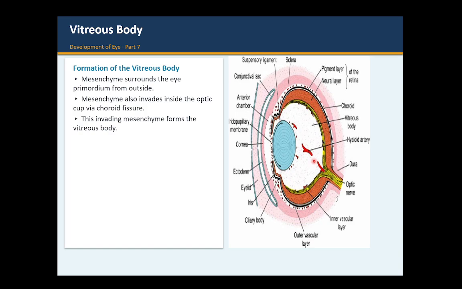As it completely closes, there will be a tunnel inside this, because it was a groove like this. So there is a bottom groove. As it completely closes, there would be a tunnel inside it. This tunnel will contain an artery, which is called the central retinal artery.